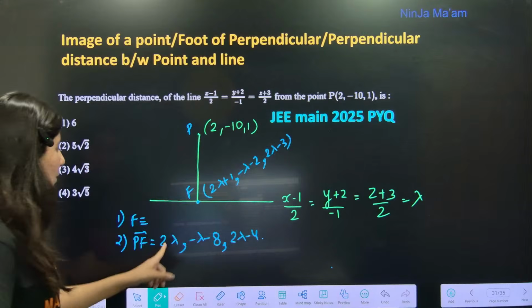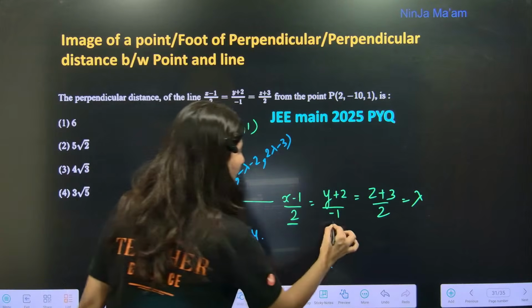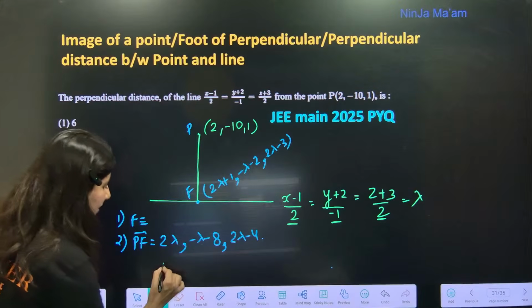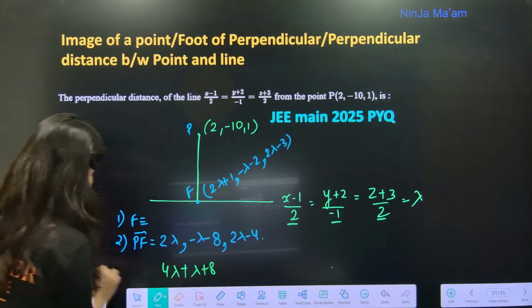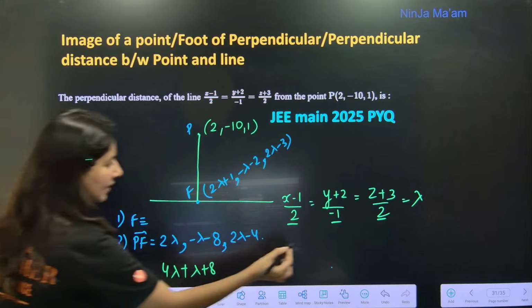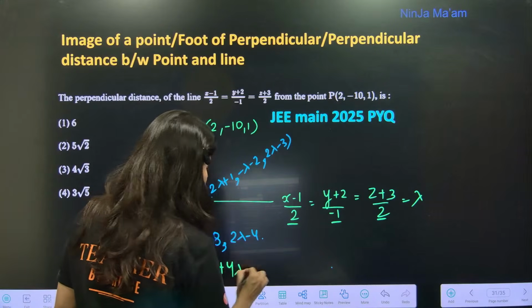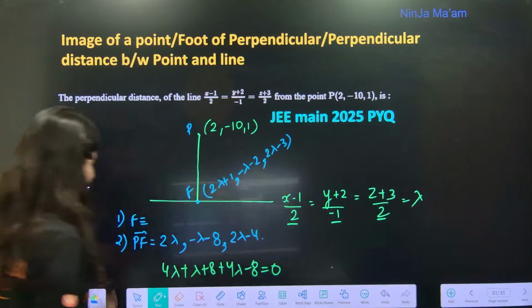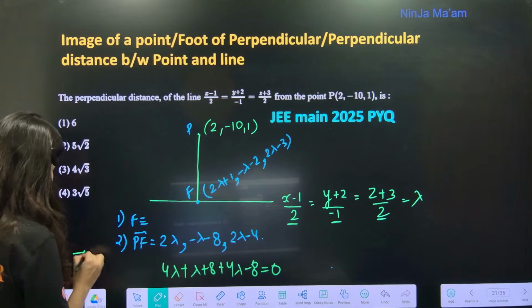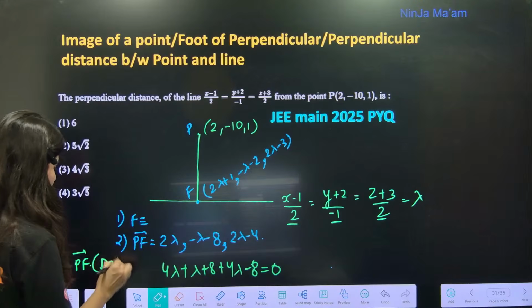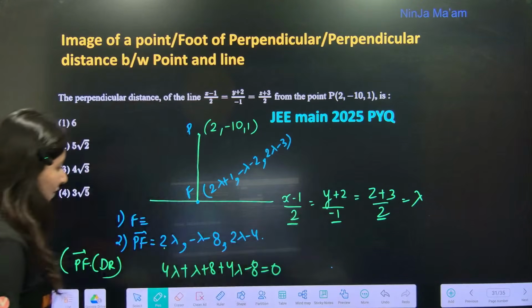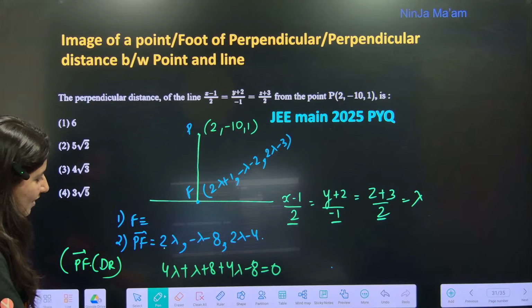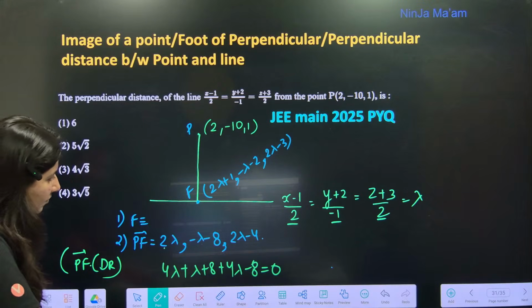Now multiply it with (2, minus 1, 2). So this is 4 lambda plus lambda plus 8, plus 4 lambda minus 8, which gives you 0. What we are doing is PF dot the direction ratio of the line. Now tell me, 4 plus 4, 8, 9 lambda.